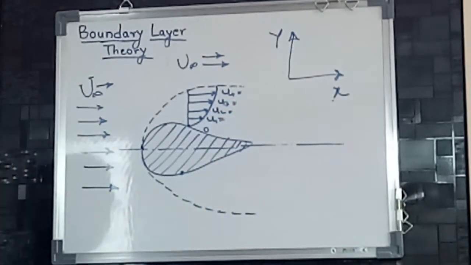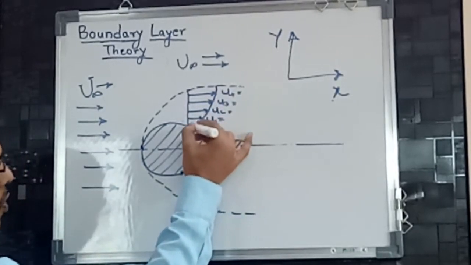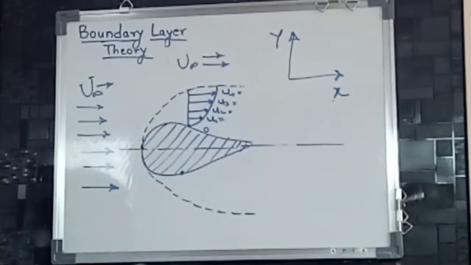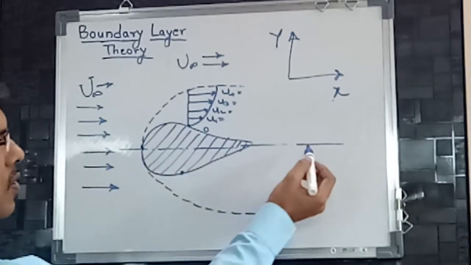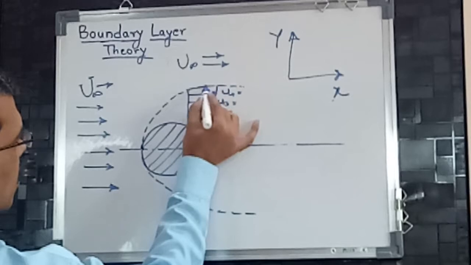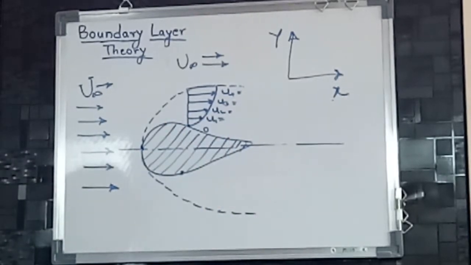Now see, here the velocity will reduce like this, and up to this point the velocity will become 0. Now see, the direction of flow is like this. This velocity is the local velocity, and this is the free stream velocity.